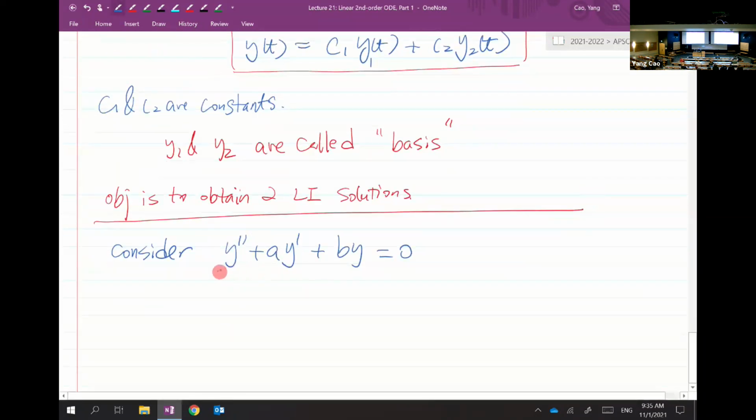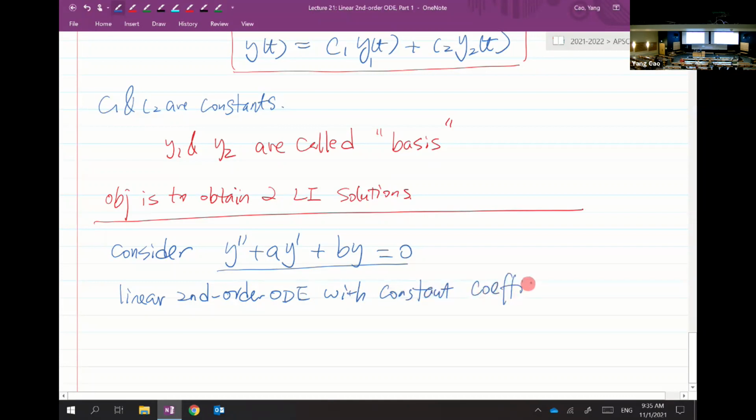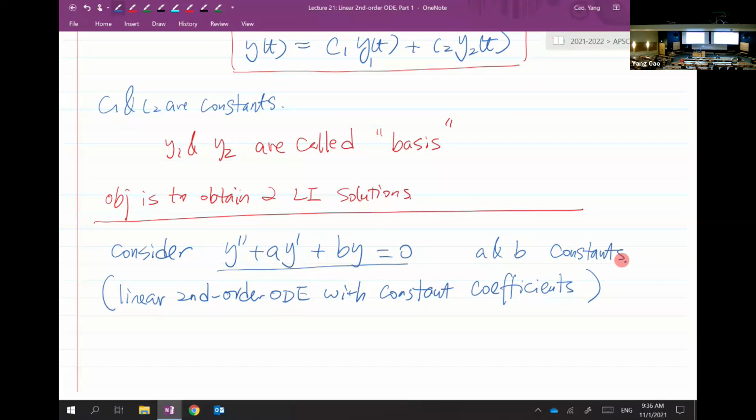So A and B here are two constant numbers. And then let's see, what is the solution for this type of ODE?